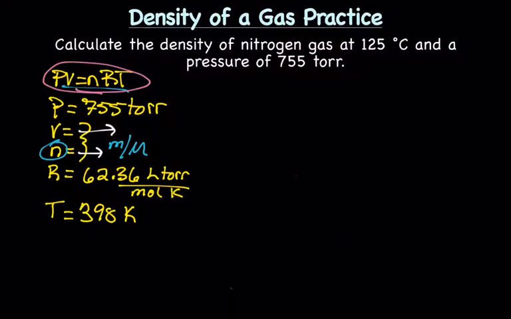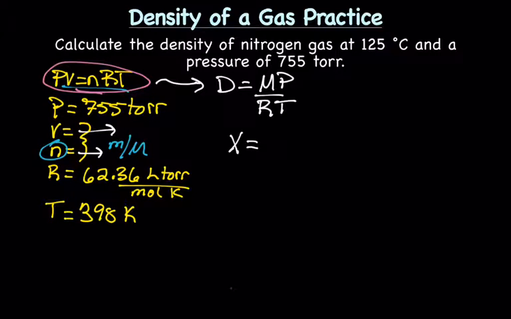All right, so our new ideal gas law equation is density equals molar mass times pressure over R times temperature. Now we can solve for this. So we have d equals... Oh, gosh, molar mass.